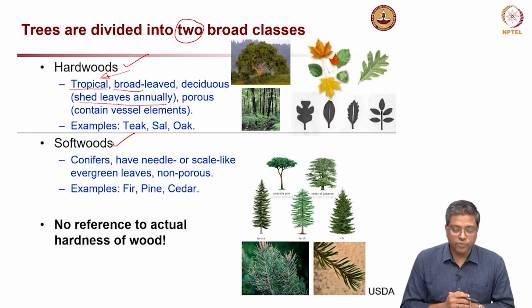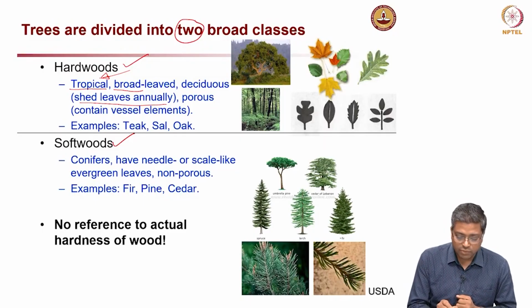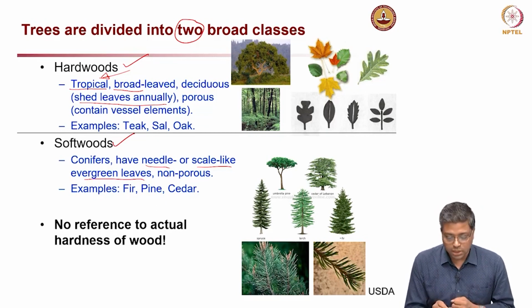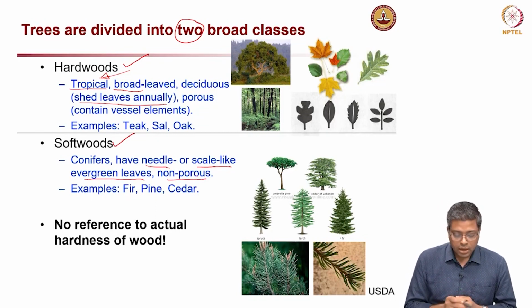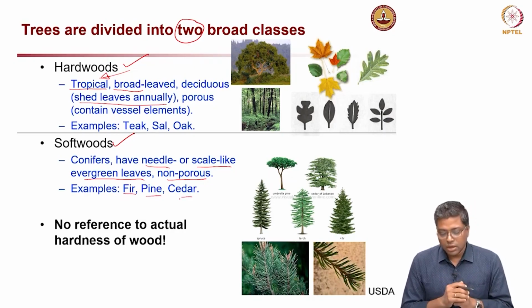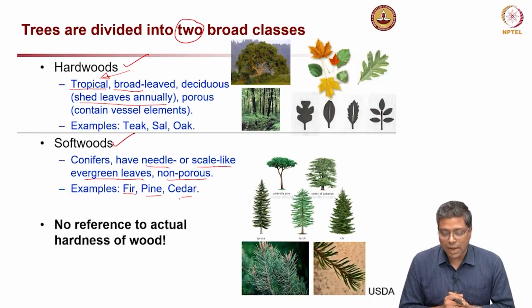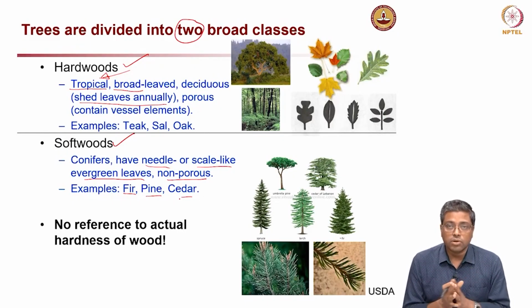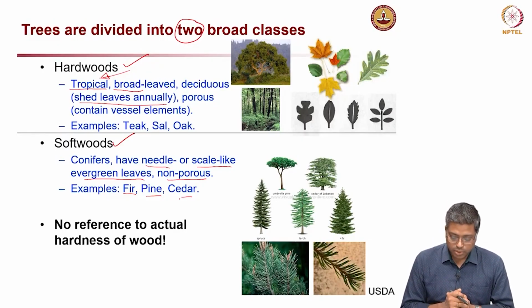Then we have softwood, which are conifers and have needle or scale like evergreen leaves, non-deciduous, and also non-porous. Examples are fir, pine, cedar, etc. Just from these two classifications, you can look at what type of geographical location or climatic condition these two types of woods are present in.